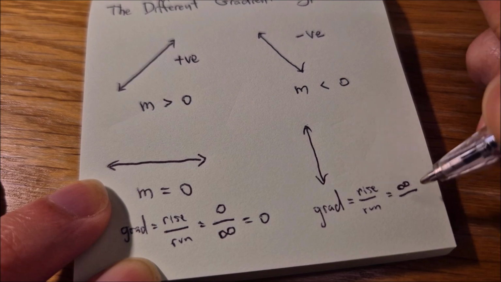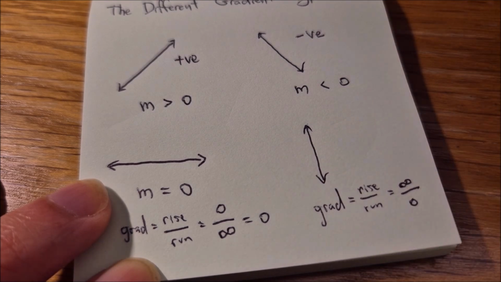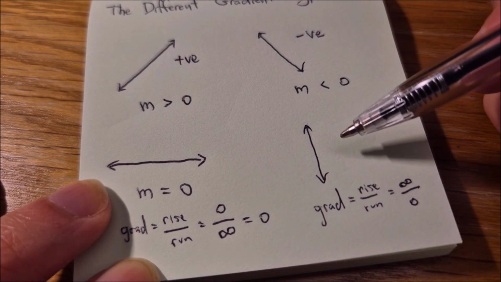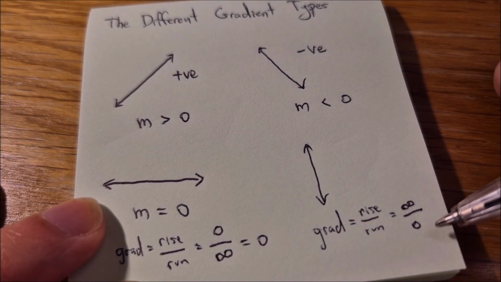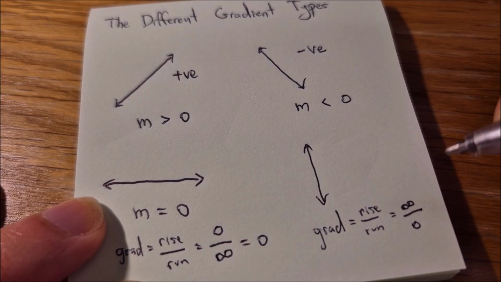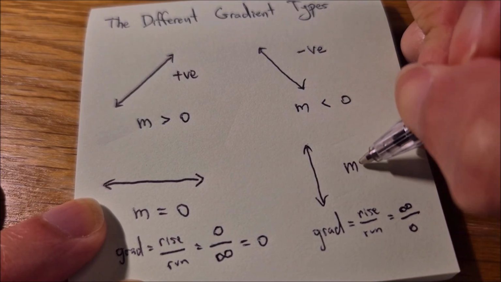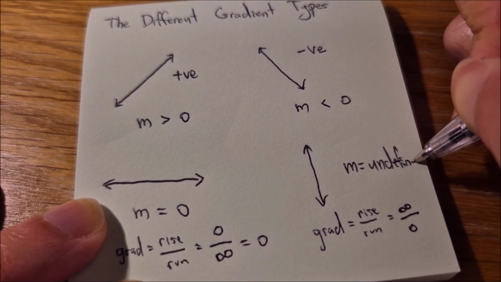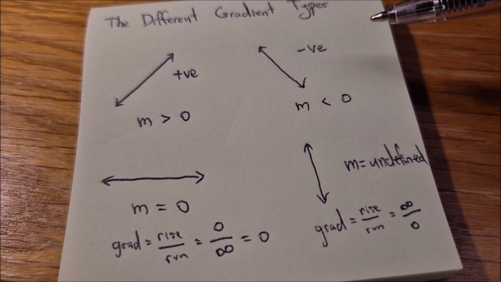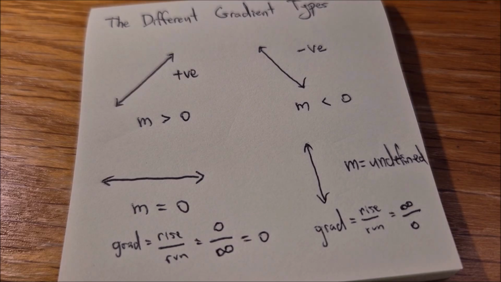Our run is 0 because it doesn't move anywhere to the side. And I'm sure you know that anything divided by 0 is just undefined. These are the 4 different situations to find our gradient.